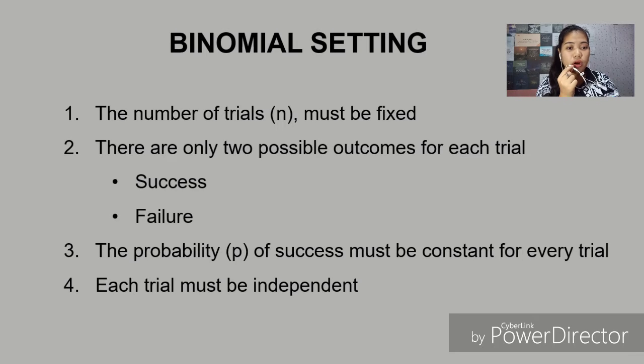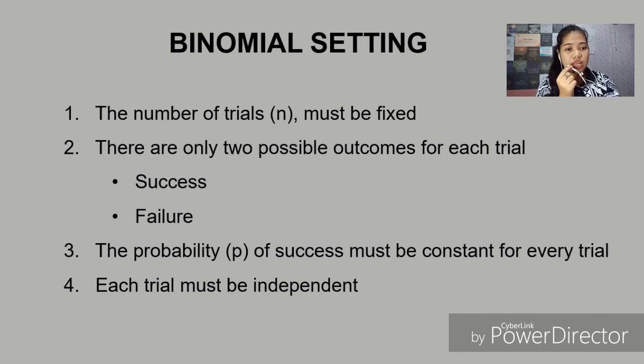Before we do some practice problems, we need to talk about the binomial setting. The binomial setting must satisfy four conditions. The first condition is that the number of trials n must be fixed. The second condition is that there are only two possible outcomes for each trial. You can either have a success or a failure.